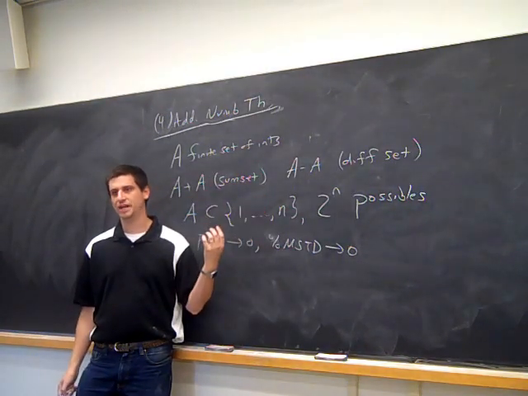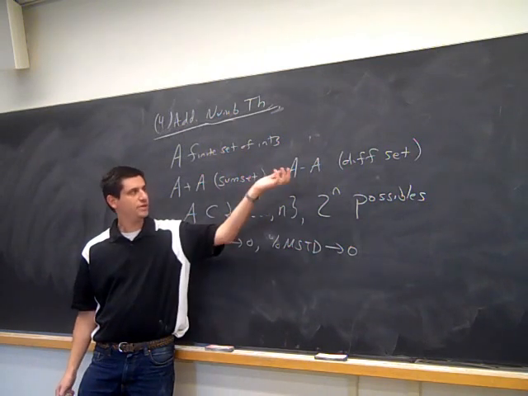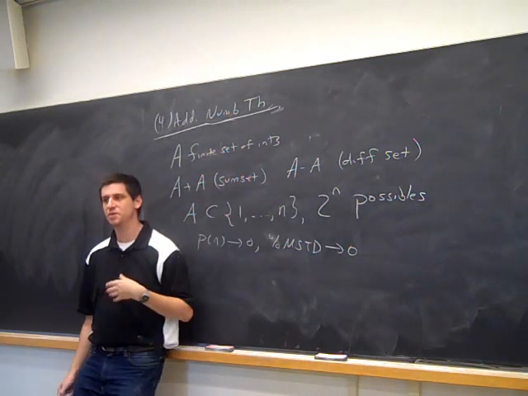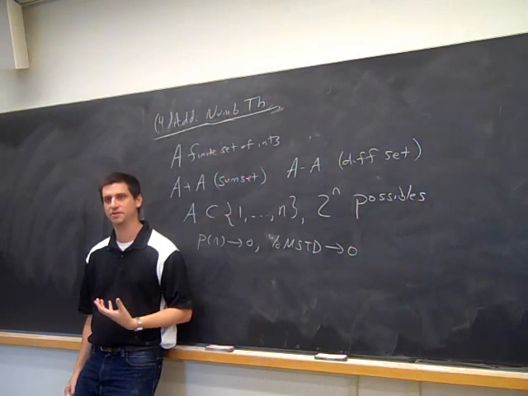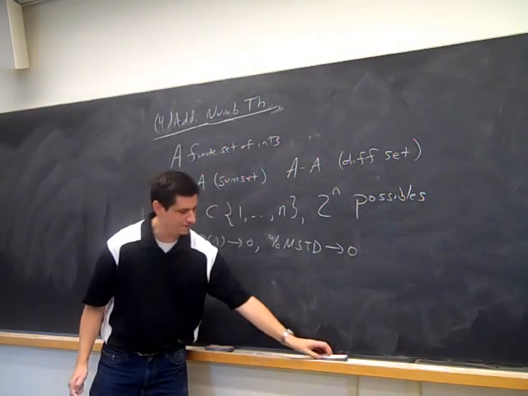The next question to ask is, okay, we know there are a positive percent of more sum than difference sets. Can you give me a way to generate them, a way to find them? And this is where things get very interesting.